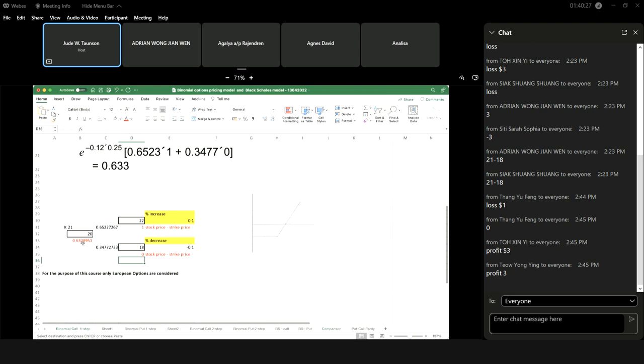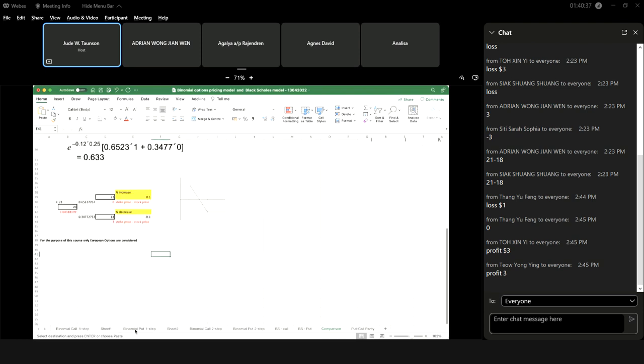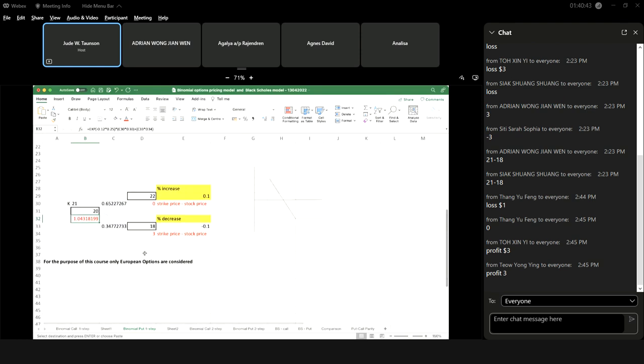Okay, this one, 0.63. Now we compare. Put premium, where do I get this figure? We get it from here. Binomial, put one step, this one, 1.03, right? So meaning if you want to buy this put option, we have to pay this. Okay, this is the price of the put option.